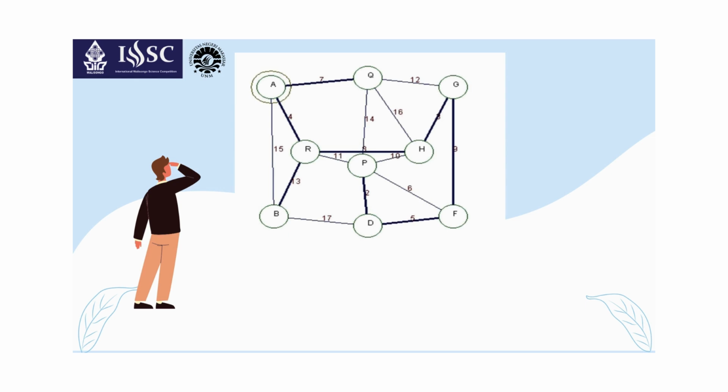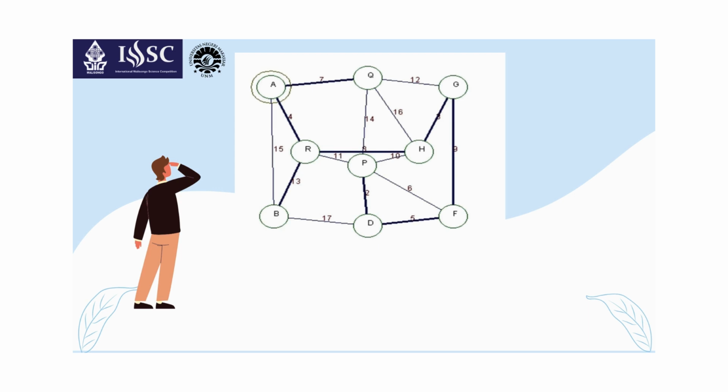First, choose the edge in graph G with the minimum weight and enter it in T, namely P to D with a weight of 2. Second, select edge R to A with weight 4. Third, select edge D to F with weight 5. And fourth, select edge A to K with weight 7.